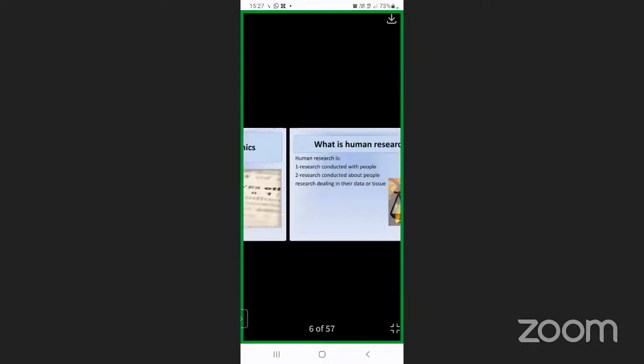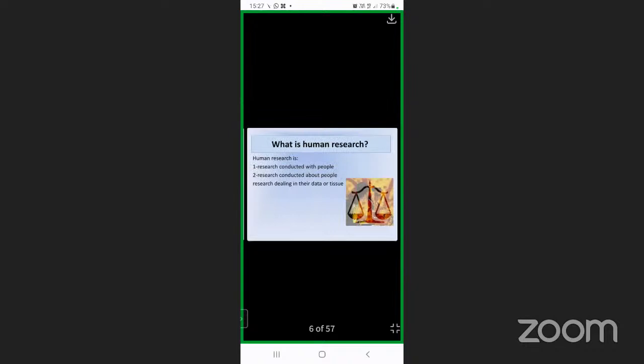What is human research? Nowadays we see different applications or apps which are acting on AI, artificial intelligence. Many people are just putting questions to ChatGPT, and ChatGPT is giving all the answers.